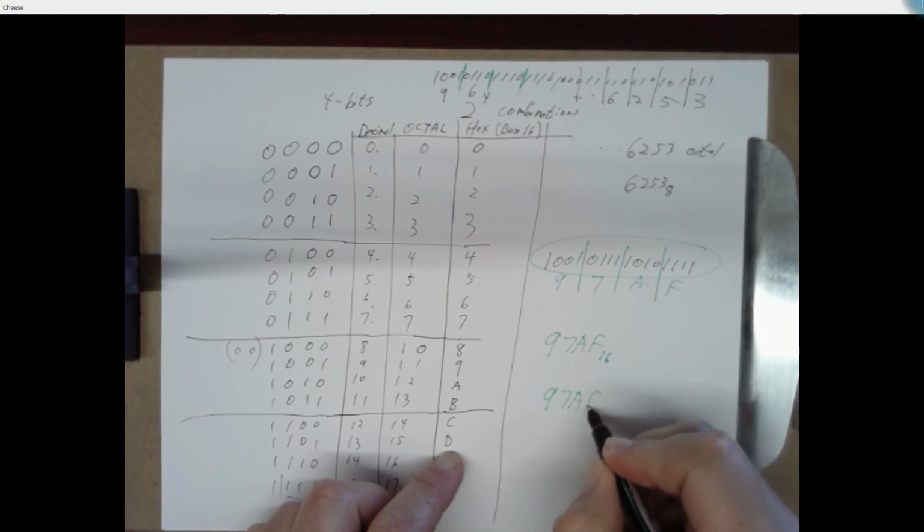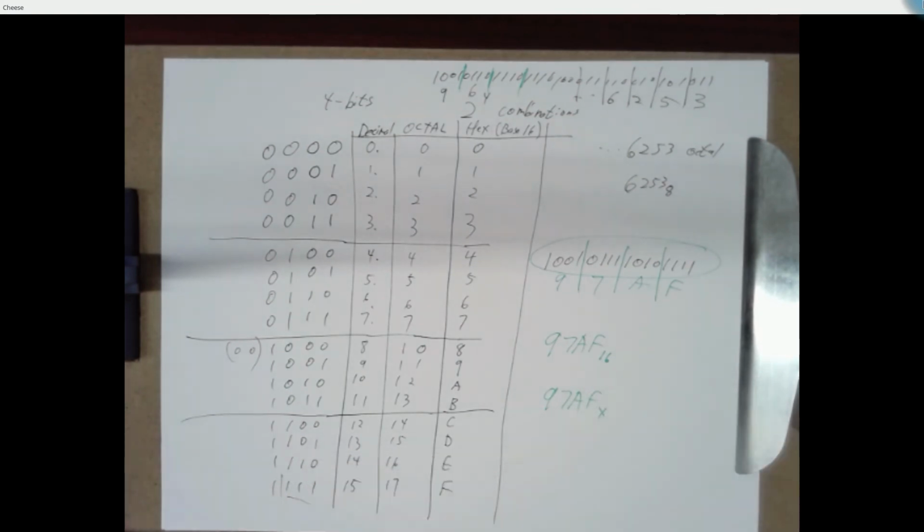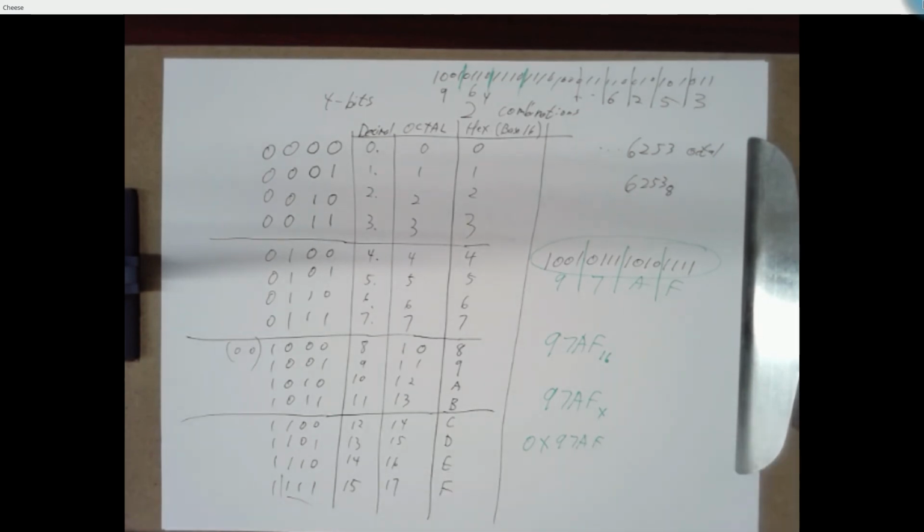We can write 97AF in base 16, and sometimes we just put an X as a subscript, and that means hexadecimal. Or in a programming language, we can say 0x97AF. And the book does something with an H. I don't know exactly, but if you see a number with an H at the beginning or the end, it's probably hexadecimal.